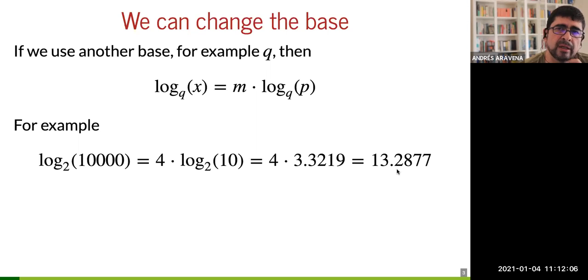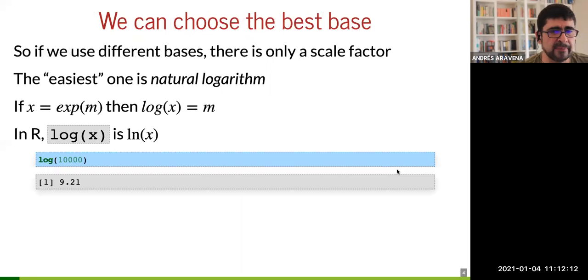But for our case, the one that happens to be more practical, because it's kind of easy to write, is the natural logarithm. The natural logarithm is essentially the inverse of the exponent function. There is a function called exp that gives you a number, and the inverse of that exp is log.